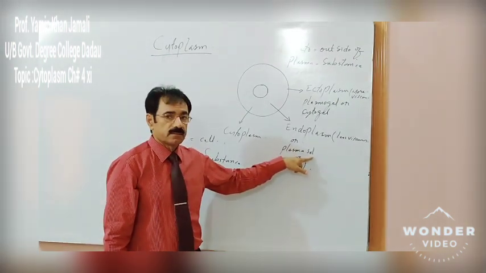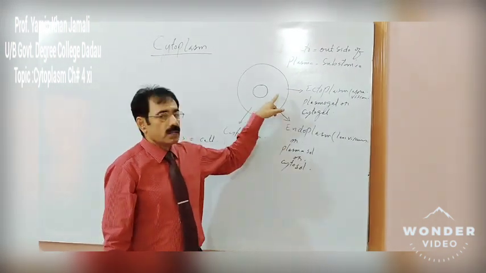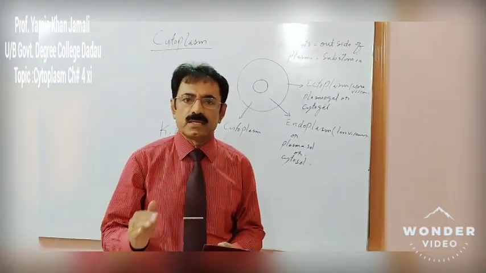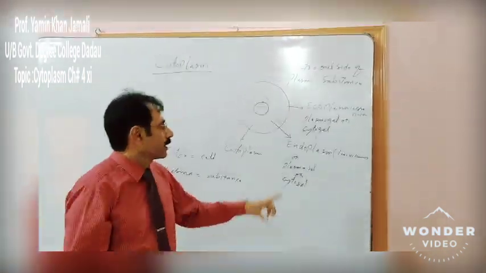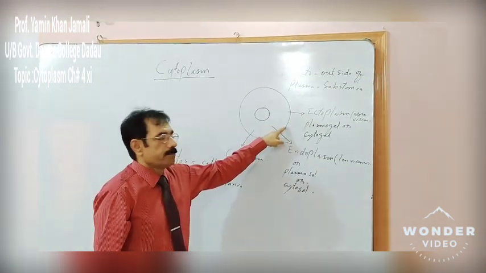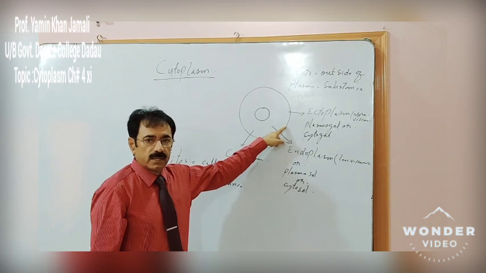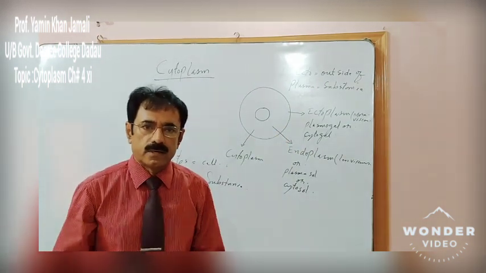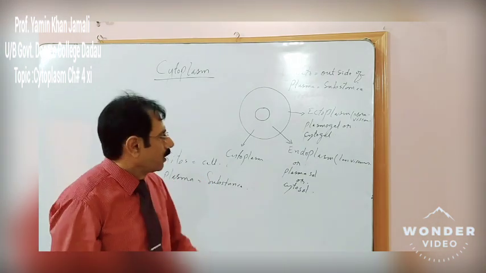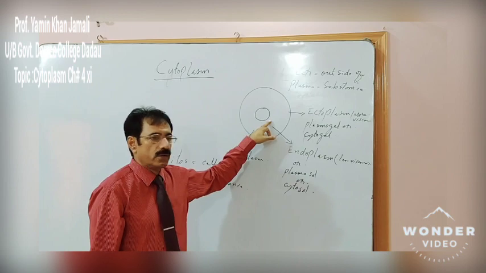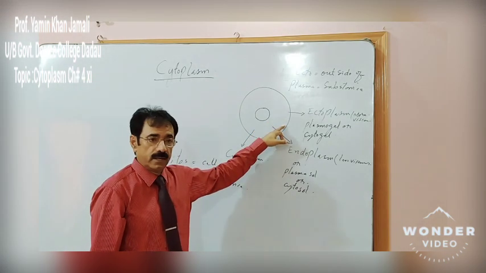All the chemical reactions, all the biochemical activities which take place in the cell, occur here in the plasma sol, not in the plasma gel. All these metabolic reactions occur in the cytosol, not in the cytogel.